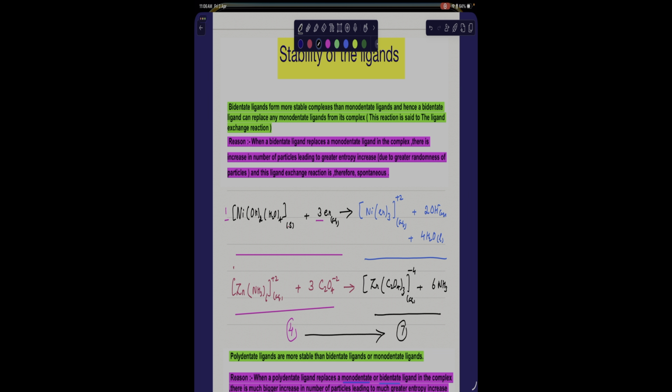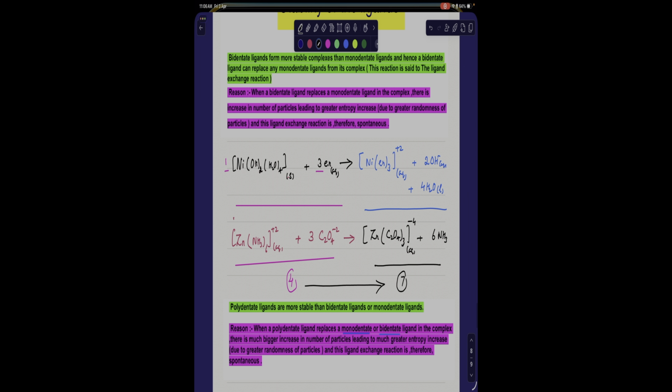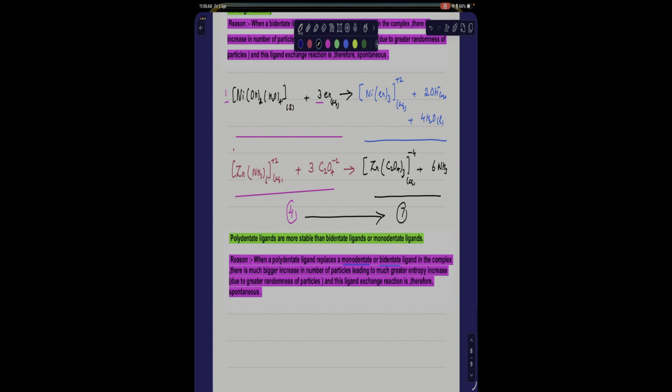So when one EDTA ligand will be replacing a monodentate or bidentate ligand, there will be an increase in number of particles. So there will be an increase in entropy. So because of this reason, a polydentate ligand can replace or displace any monodentate or bidentate ligand from its complexes.